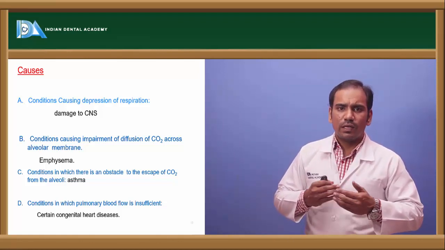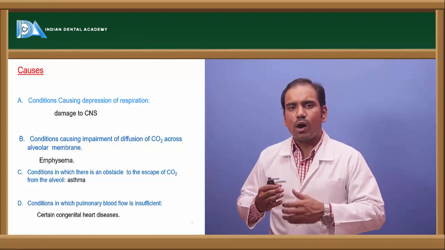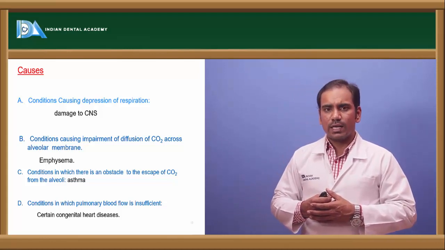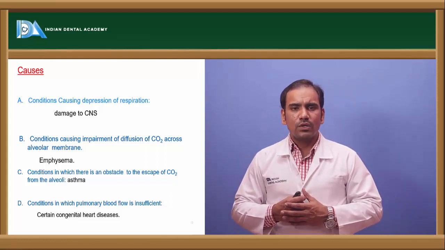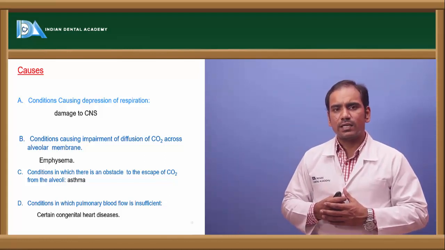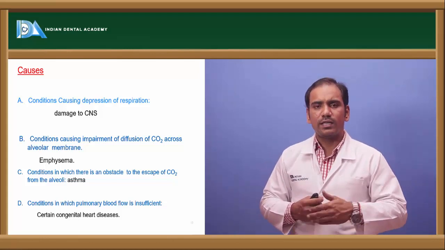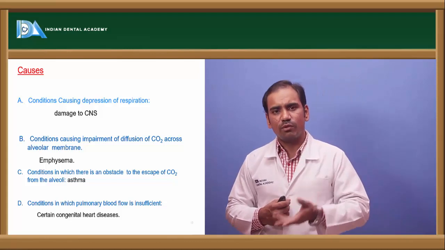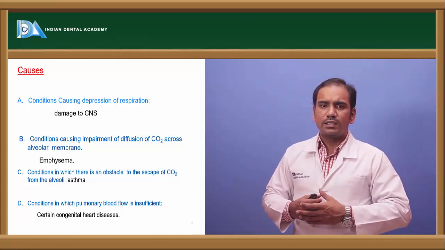Right? Whenever there is impairment in the diffusion of carbon dioxide across the alveolar membrane, that also leads to excess carbonic acid in the blood. That is the case in emphysema. In that clinical condition, there is increased carbon dioxide, increased PCO2 levels, increased carbonic acid, whatever it may be. Another condition is asthma.